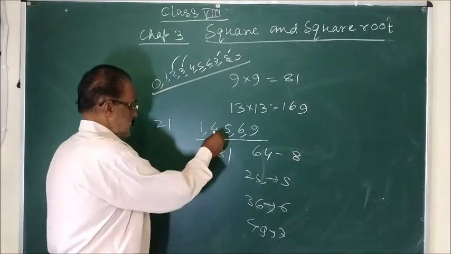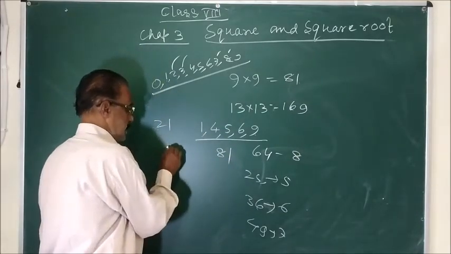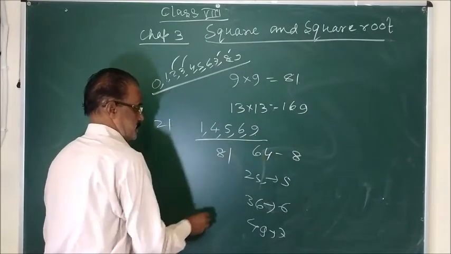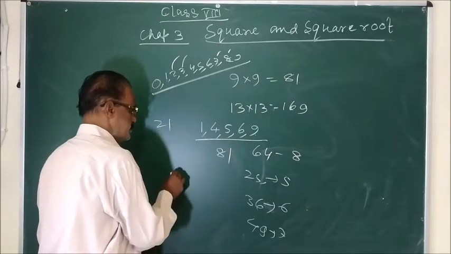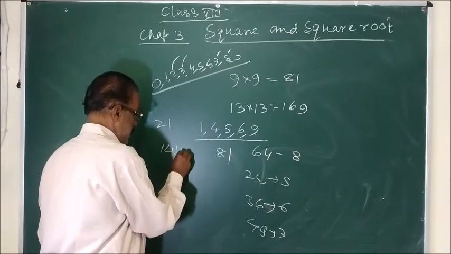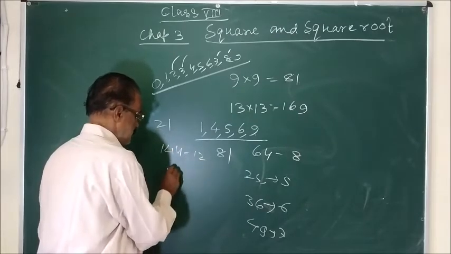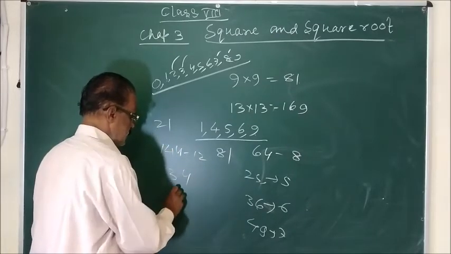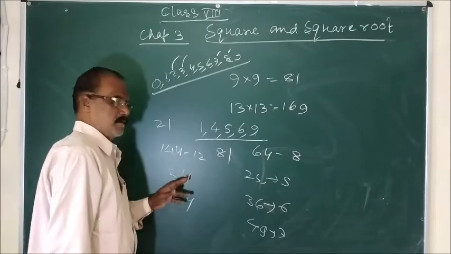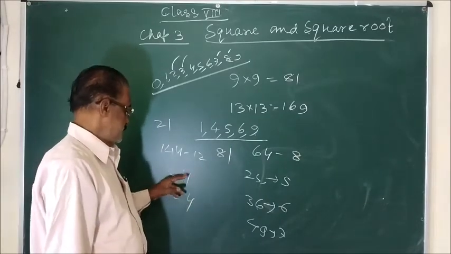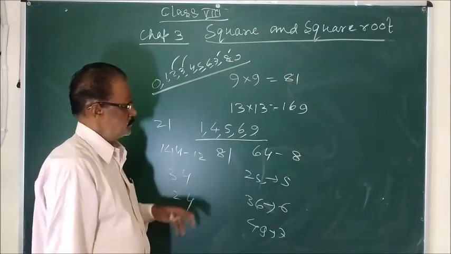And similarly, if the ones place is 4, 64 is the square of 8, 144 is the square of 12, but 34, 24, you see, 4 in the ones place, but these are not perfect squares.